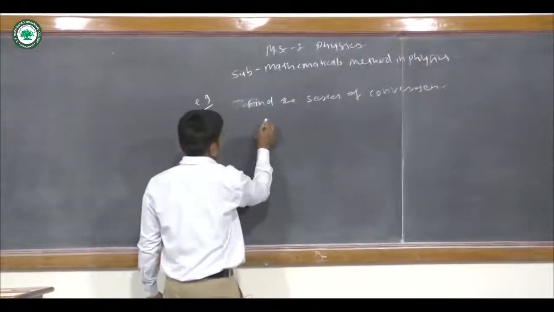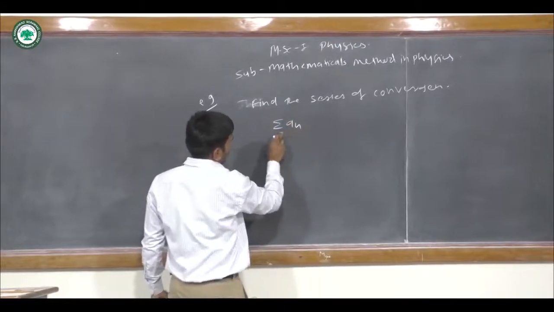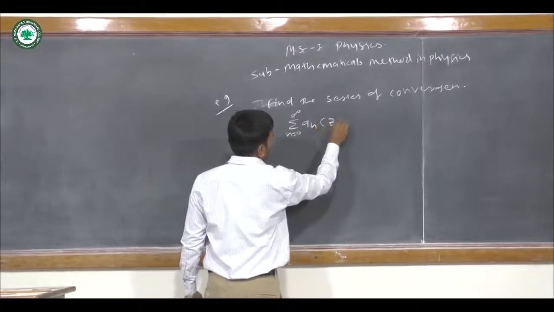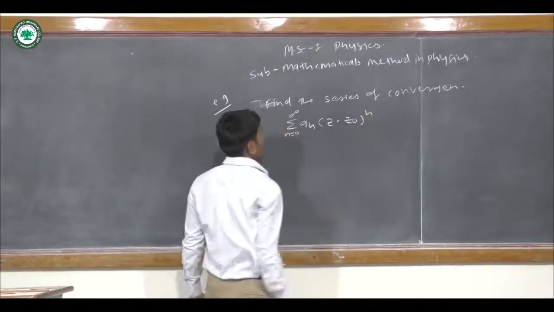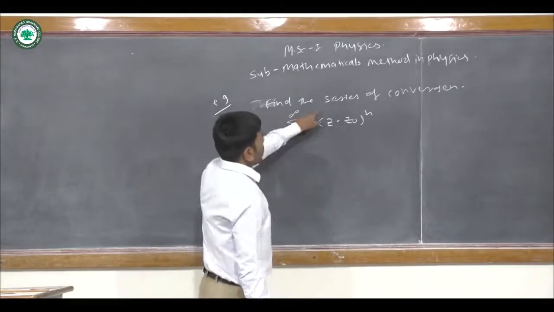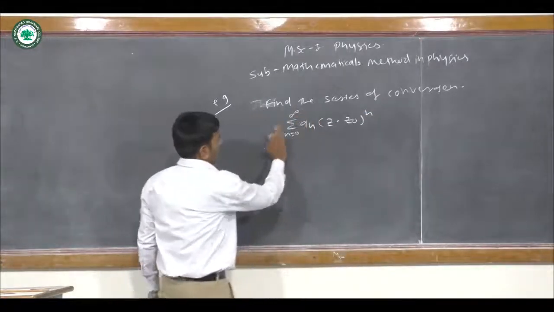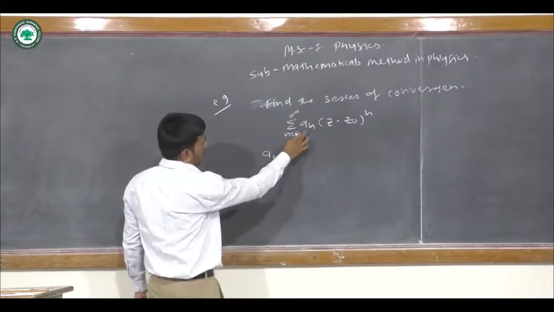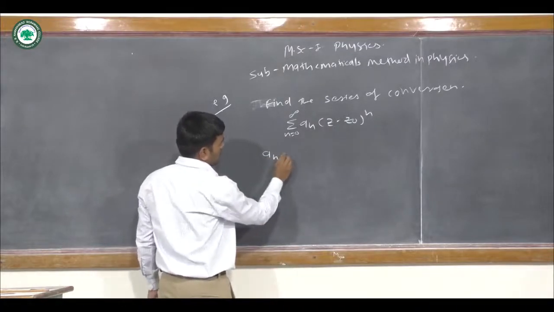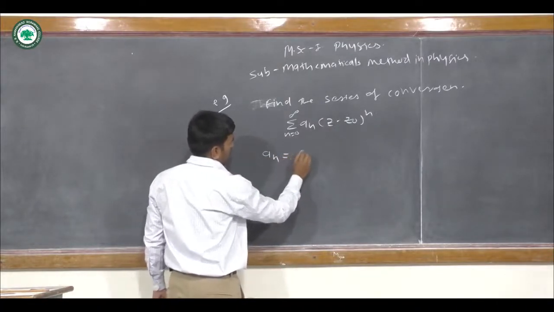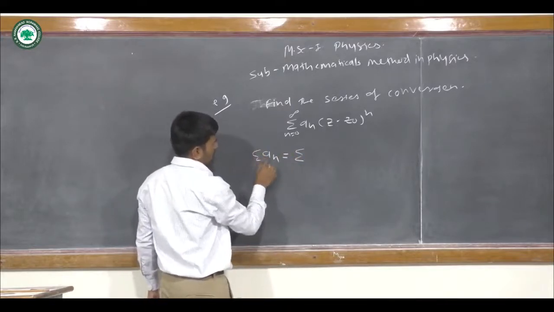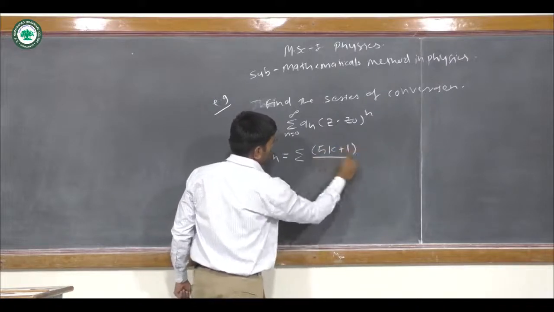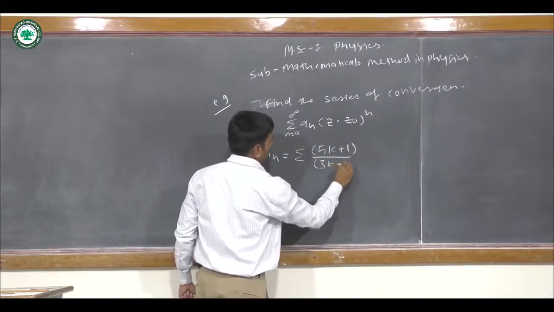The series is given: summation n equal to 0 to infinity of a_n (z minus z naught)^n. This is a power series, and this a_n is the coefficient, so a_n is equal to (5n plus 1) divided by (3n plus 1).